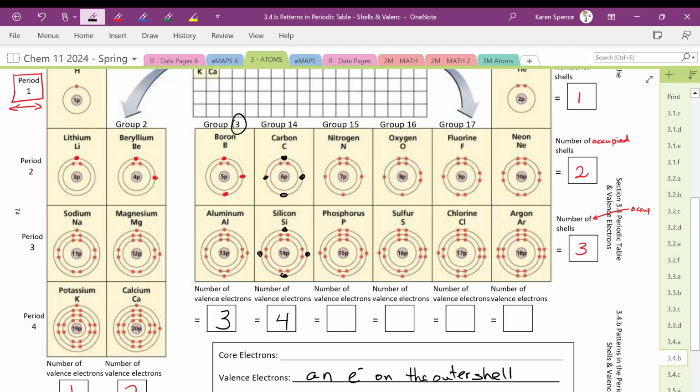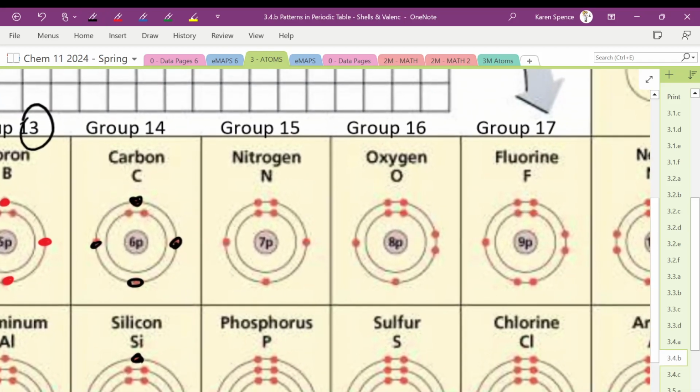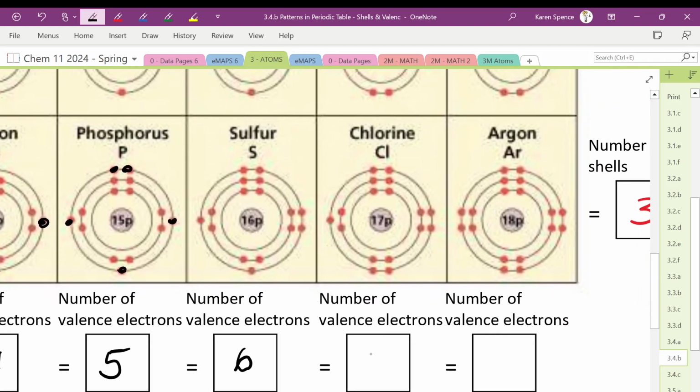How many valence electrons for nitrogen, which is in group 15? 5. And same for phosphorus. 1, 2, 3, 4, 5. Group 15. And then we would have group 16 has 6. And group 17 has 7. And group 18 has 0.